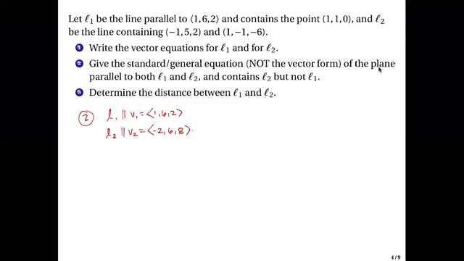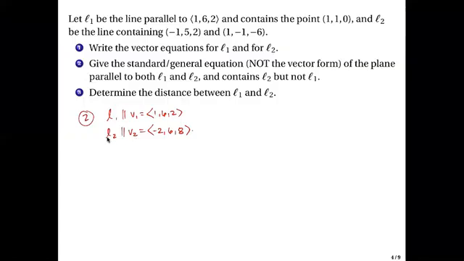So if we want the plane to be parallel to both L1 and L2, then the vector we need to get this plane should be perpendicular to both L1 and L2. Now, we are given one vector parallel to L1 and another vector parallel to L2.